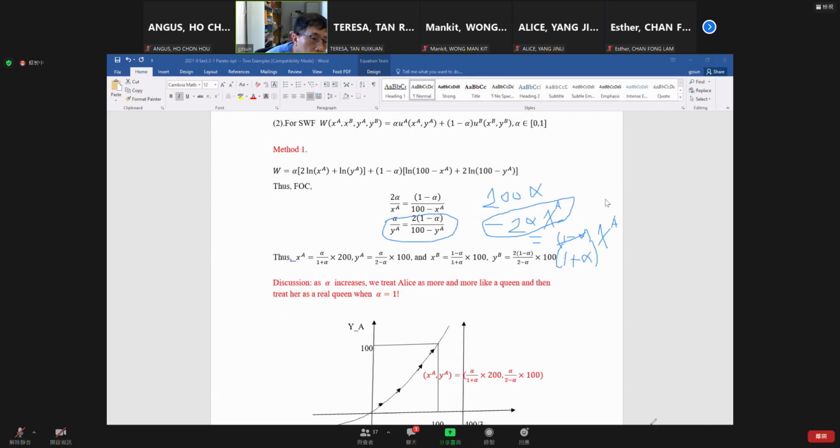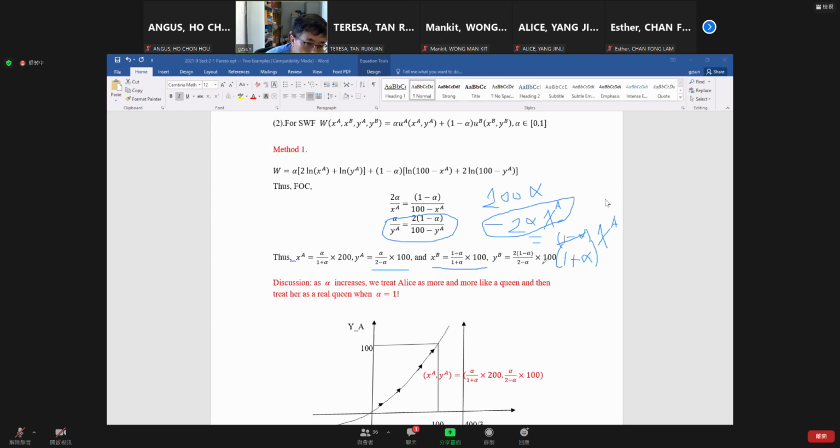And similarly, this is the solution given to Alice. And we have 100, so therefore 100 minus this number is how much X Bob will receive, and 100 minus this number is how much Y Bob will receive.